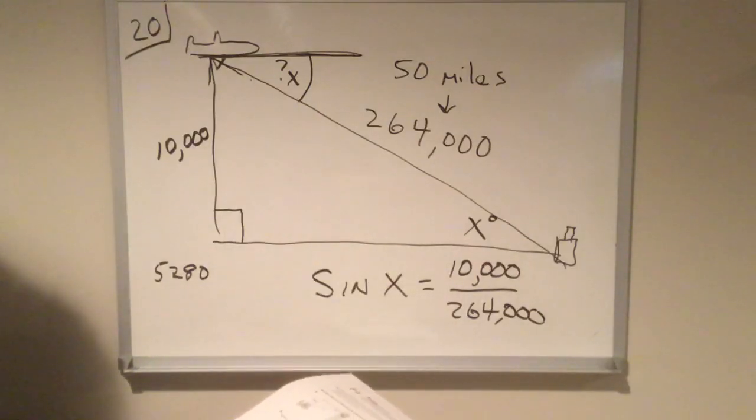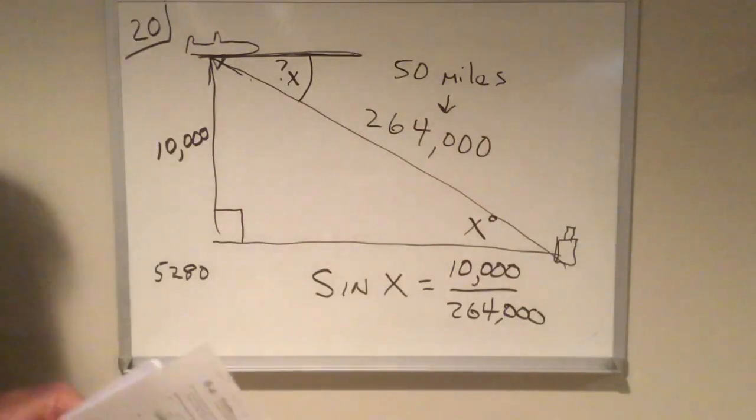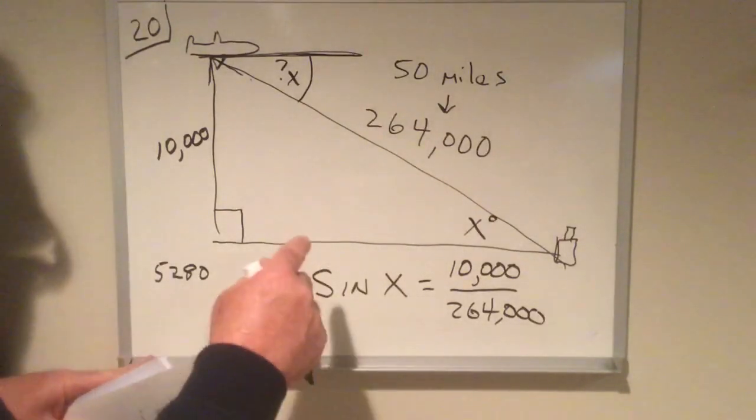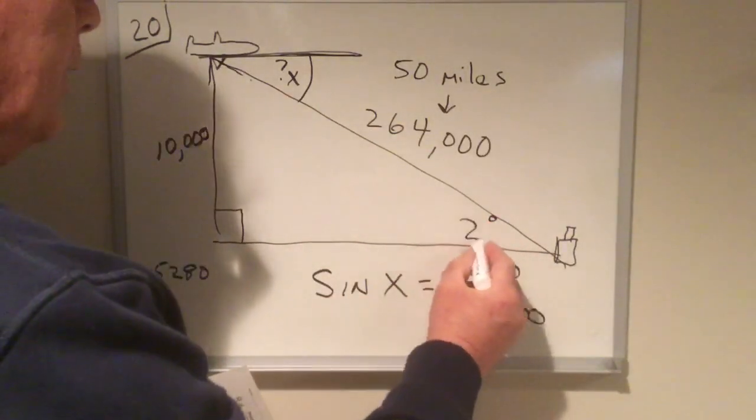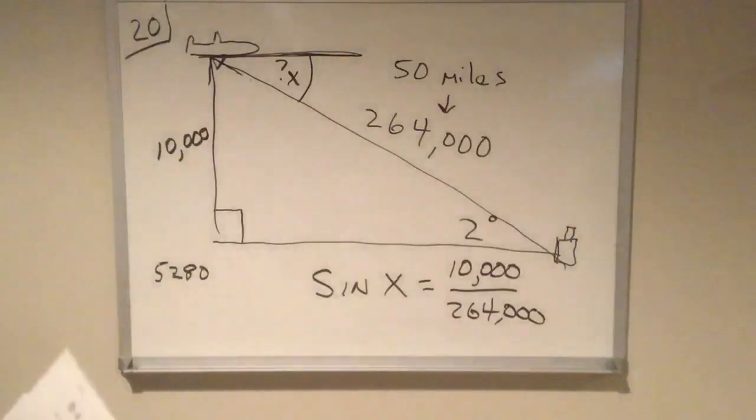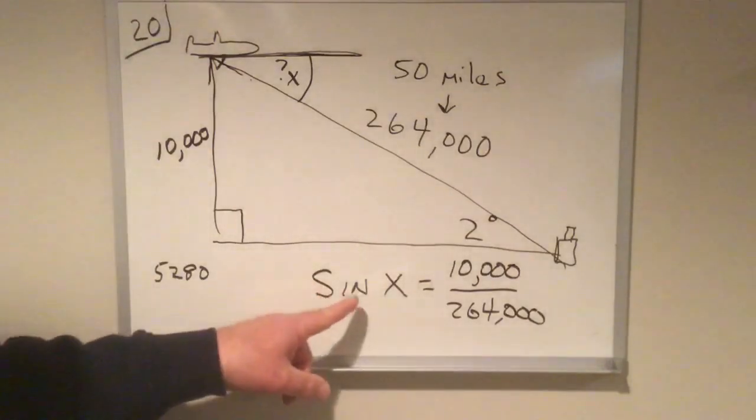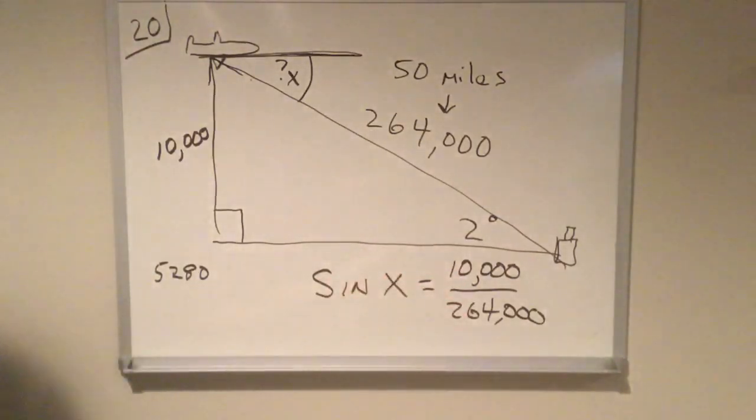And when you hit 10,000 divided by 264,000, after you hit second sine, I come up with, rounding, about 2 degrees. A 2-degree descent. Okay? So x is 2. When you hit second sine, 10,000 divided by 264, or 10 divided by 264.